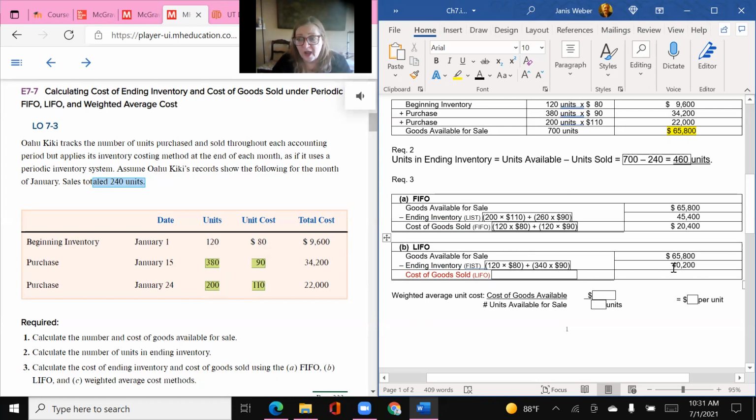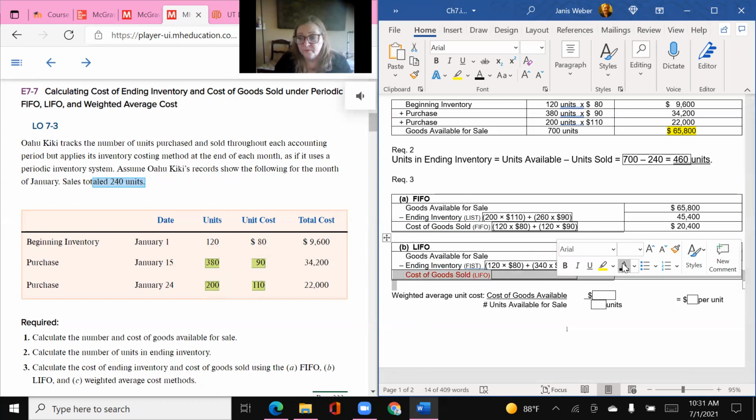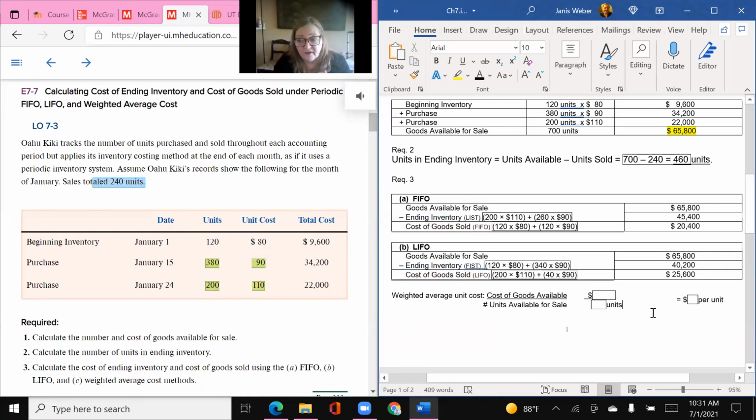So if you subtract the ending inventory from the available, it's going to bring you to cost of goods sold. And under the LIFO method, it is 25,600 cost of goods sold. And you can double check it by saying, well, if I sold the latest ones, let's see if that works. 200 units at 110 plus, 460 total.